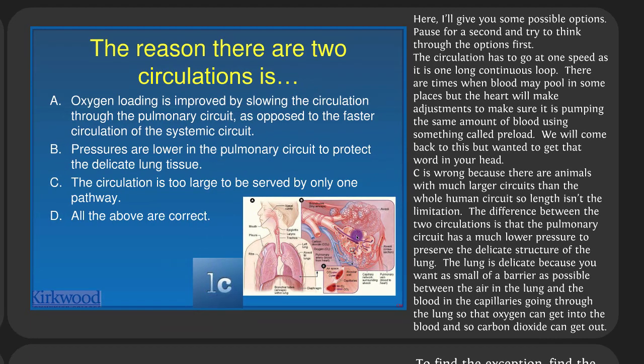So the reason you have two different circulations is you need two different pressures. You need high pressure in the systemic circuit to get blood all the way out to your big toes. You need low blood pressure in the lungs so that you can have a very thin capillary to allow oxygen to get into the capillary easily. Blood pressure in the lungs is about 20/8, as opposed to 120/80 in the rest of the body.